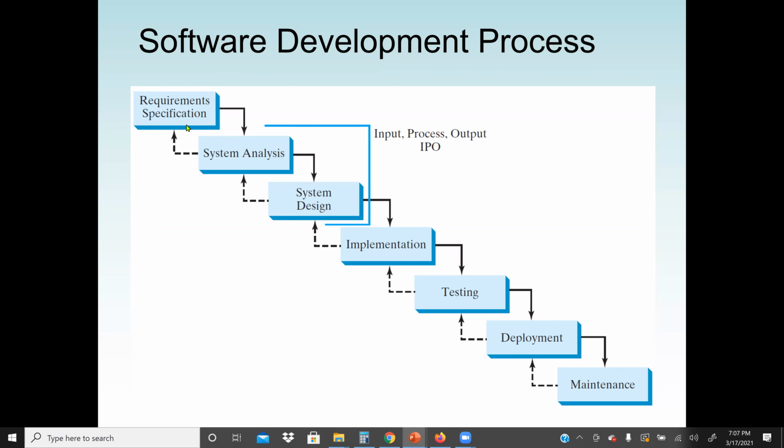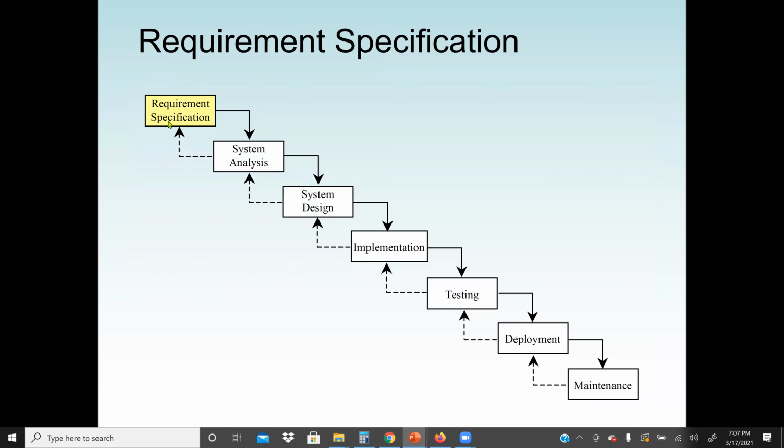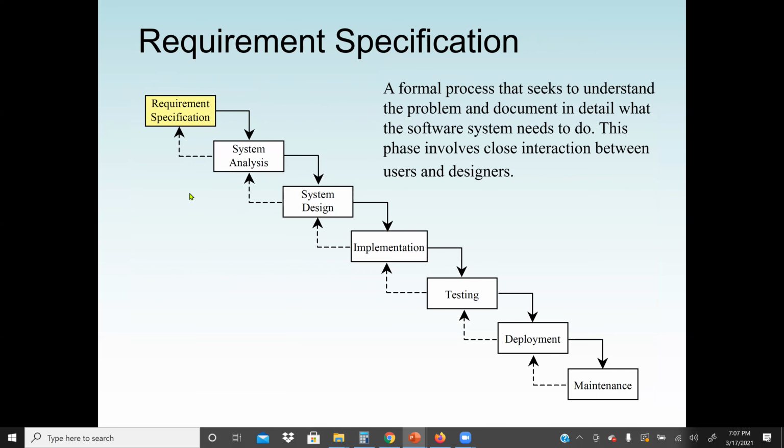We analyze the problem: what will be our input, what will be our output, what are the functions of the program. Then we move to the system analysis. So again, we start with the requirement specification. This is a formal process that seeks to understand the problem and document in detail what the software system needs to do. This phase involves close interaction with users and designers.